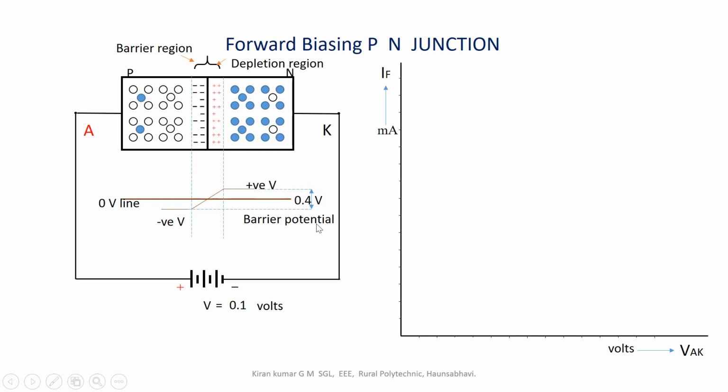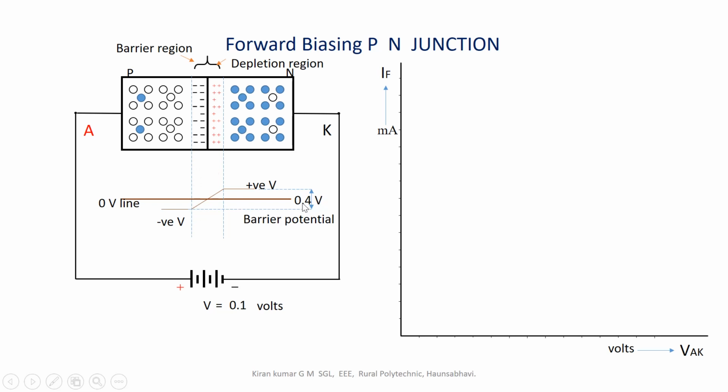Initially, it was mentioned to be 0.5 volts. With the application of 0.1 volts from the external battery, this barrier potential is reduced to, say, 0.4 volts, as this external battery is directly opposing the barrier potential.